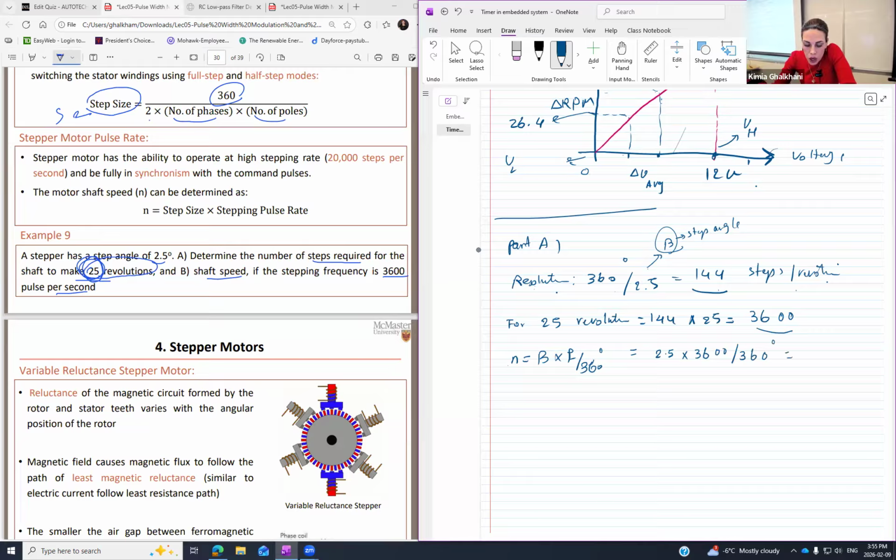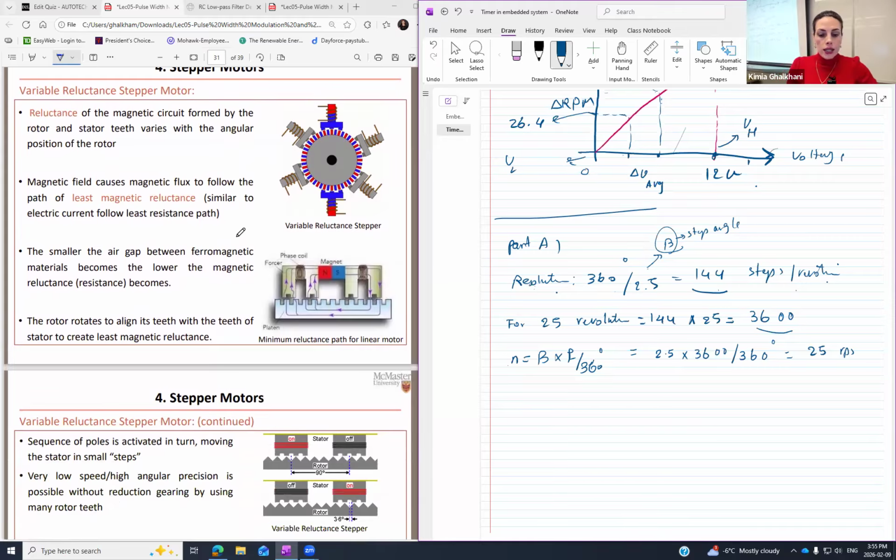I can calculate the RPM now: 25 revolutions per second. Make sense? RPS, revolutions per second. You can write revolution. I have 25 revolutions per second. Done?